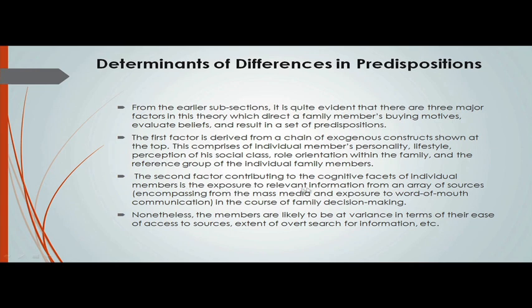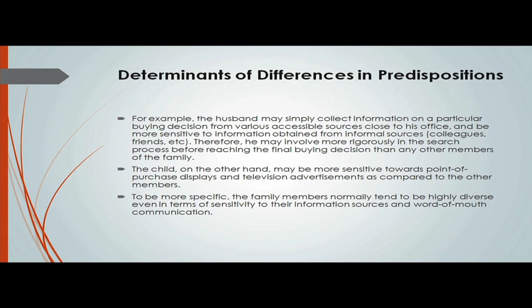The second factor contributing to the cognitive facets of individual members is the exposure to relevant information from the array of sources from where they collect the information. Nonetheless, the members are likely to be at variance in terms of their ease of access to the sources, extent of overt search for information, etc.